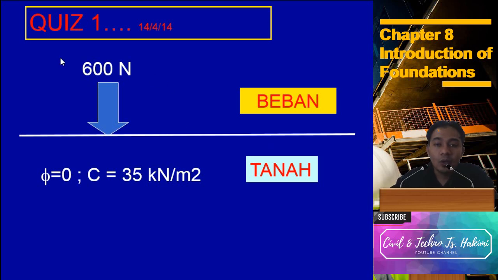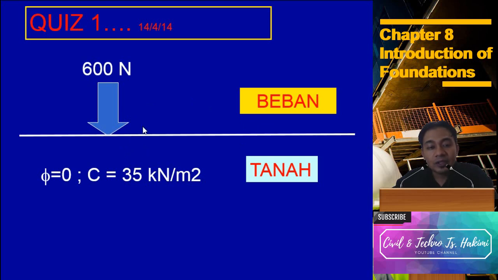So now we have the case here. 600 Newton. This is the load from the building transferred to the earth. This is the earth, and this is the parameter of the soil. We have friction angle equal to 0 and cohesion equal to 35 kilonewton per meter square.